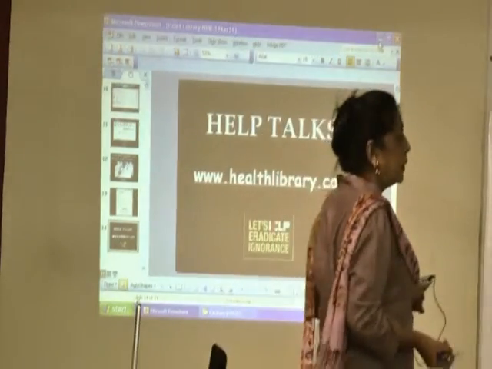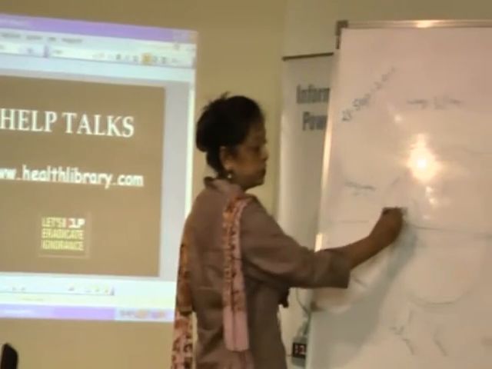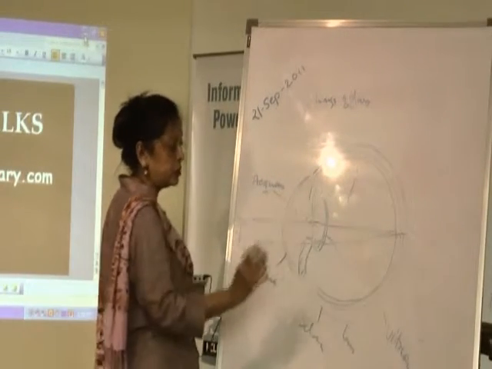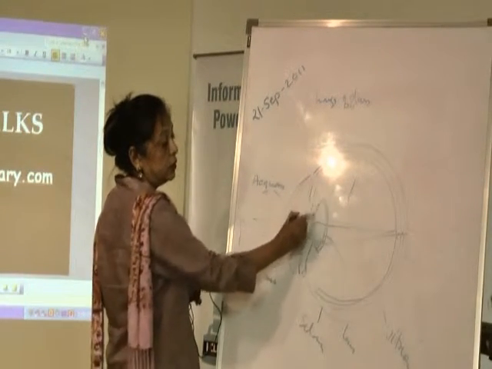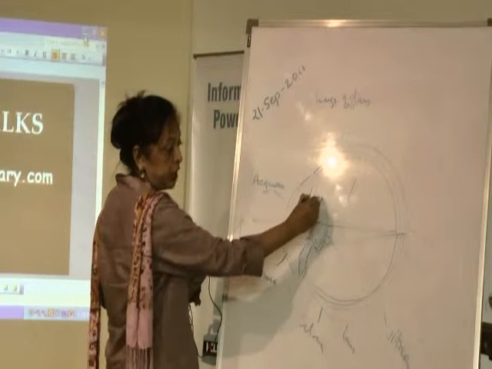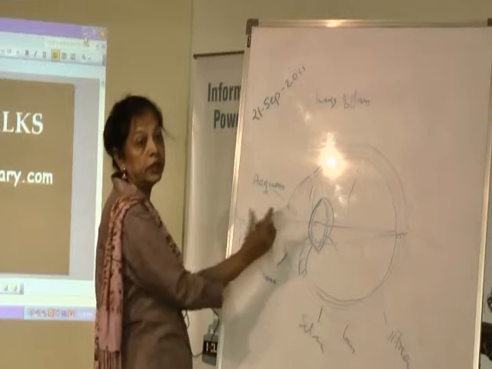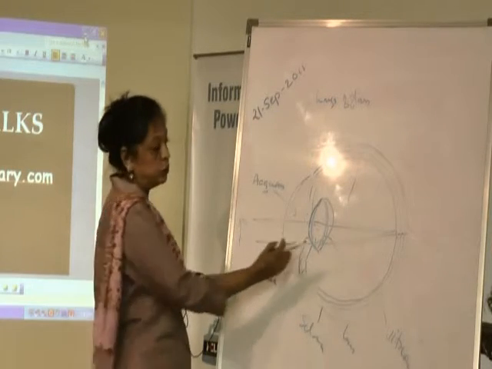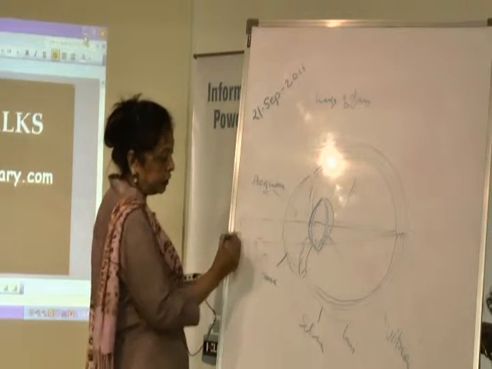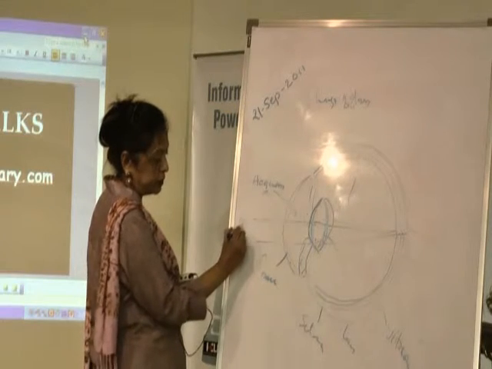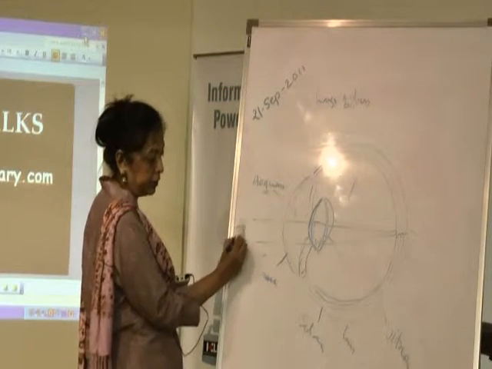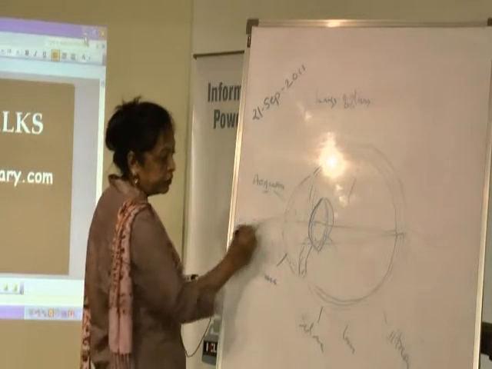Why does this occur? Because the lens, which is transparent, of course remains transparent, but the change of curvature which takes place when the patient sees at near is less. Normally, when the patient is seeing near objects, the rays of light are divergent.